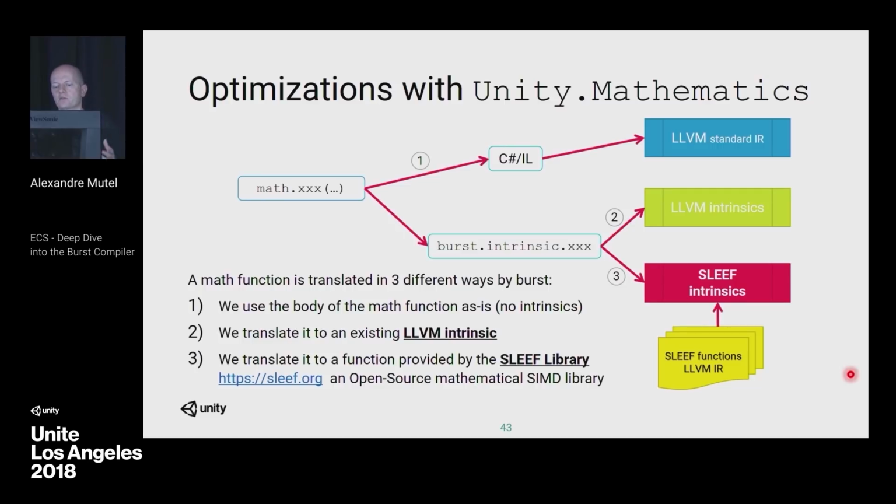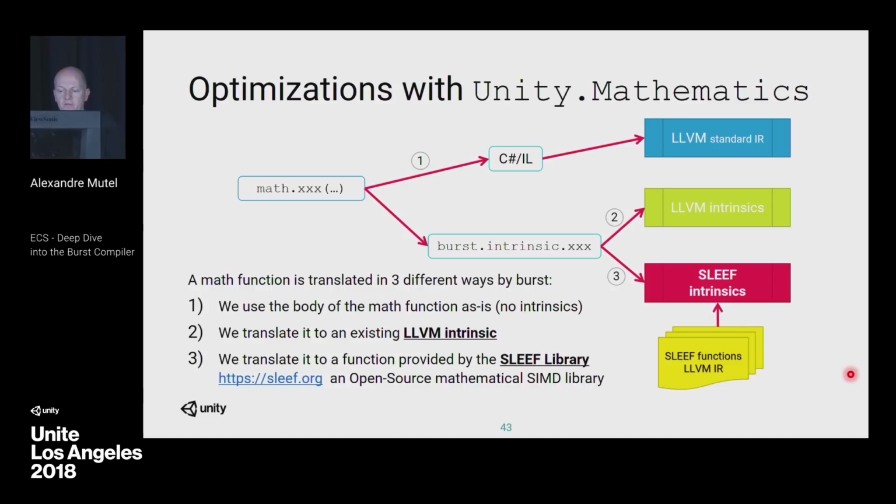So we can translate the Burst intrinsic into the LLVM intrinsic directly. And the last case is for the more complex functions where, for example, typically cos, sin, and so on, where we need quite a lot of code. Cosine is quite difficult, actually, to compute on hardware that doesn't have CPU instructions.